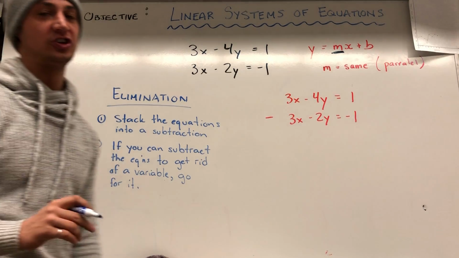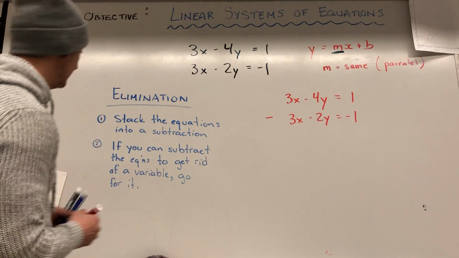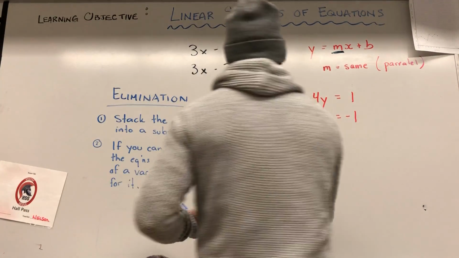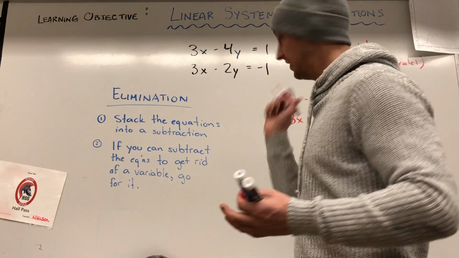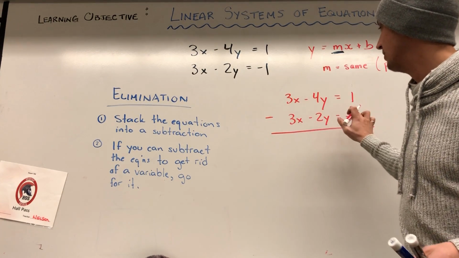The steps in elimination are not as clear-cut, but it's a little bit more of a process. What does this mean? Okay, what I'm trying to do in elimination is subtract one equation from the other to get completely rid of one of my variables, my x or my y.